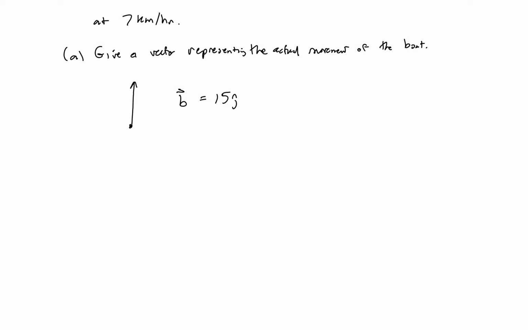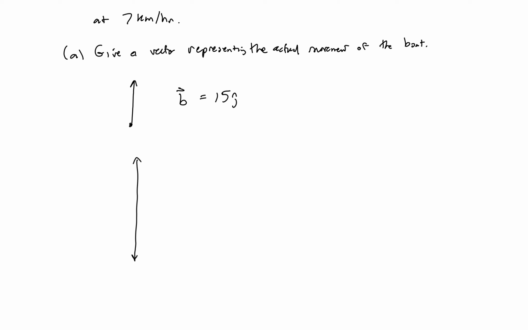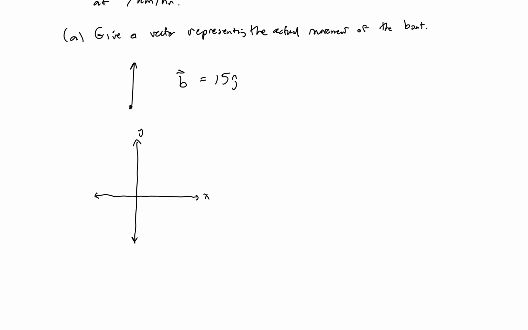Now the southeast one's a little trickier, so let's think about how that's going to work. So now I want my vector to be going in this direction, but I want it to have magnitude 7. So let's find a unit vector in this direction first.